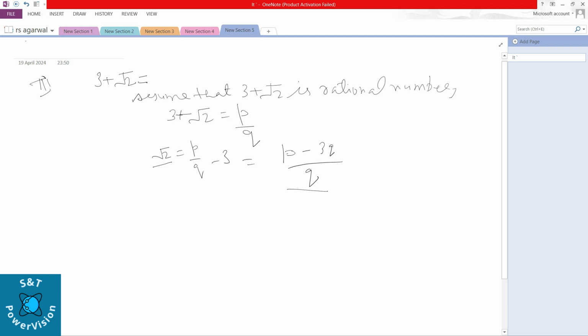Again, it is a contradiction of each other. So it means 3 plus root 2 is an irrational number. So we'll have the same approach here.